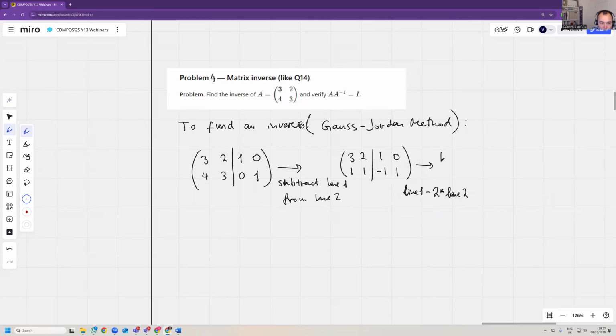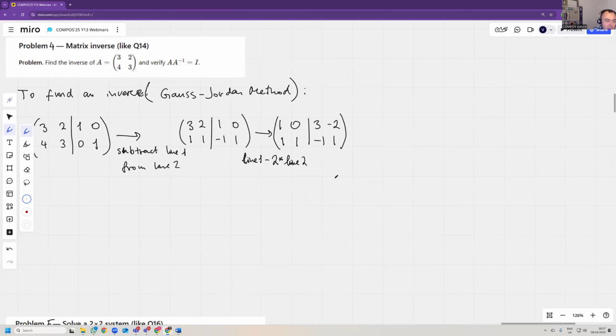So this becomes 1, 0. So 1 plus 2, that's 3. And then 0 minus 2, so -2. And the bottom line doesn't change. So 1, 1, -1, 1.